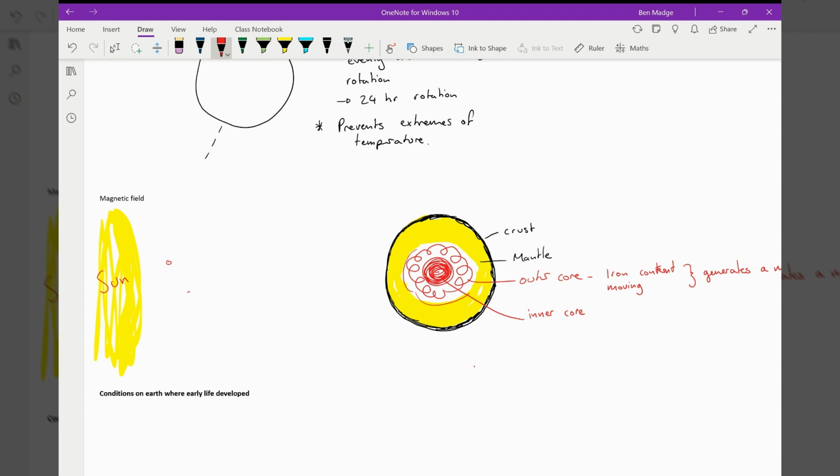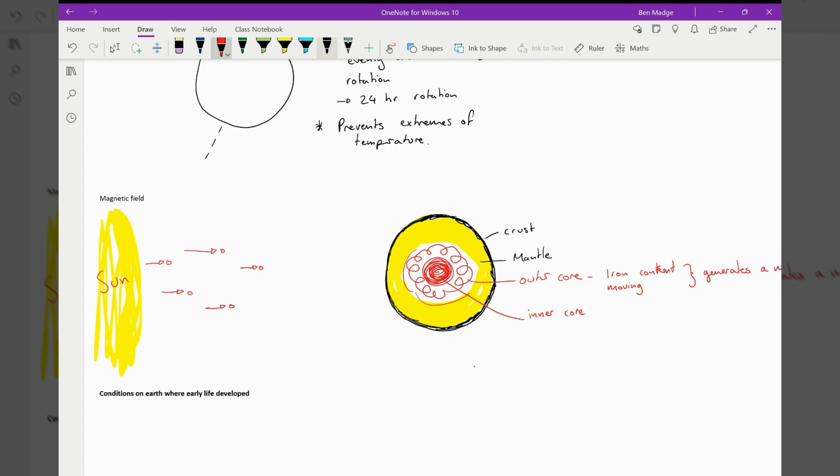Okay, and these charged particles are moving at incredible speeds away from the sun. And if they reached the Earth's surface, they would cause any living thing to suffer genetic damage to its DNA and cause genetic mutations and death.